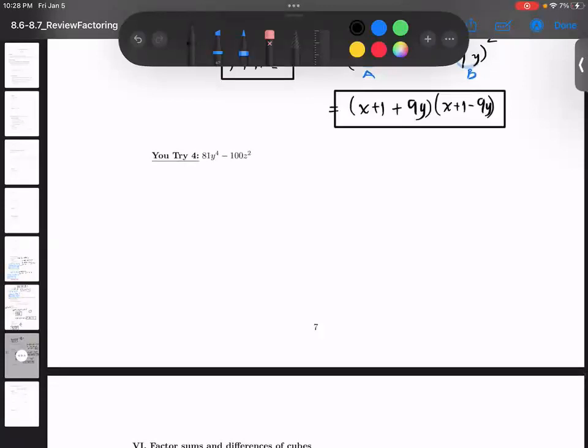This one, all right, let's do this one. So again, I need to establish my a square minus my b square. Well, a square will be 9y squared, because y squared is y to the 4. And then big B squared will be 10z.